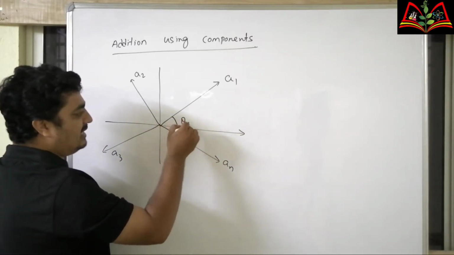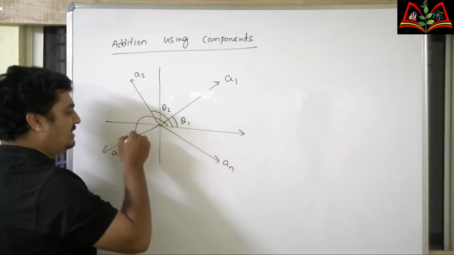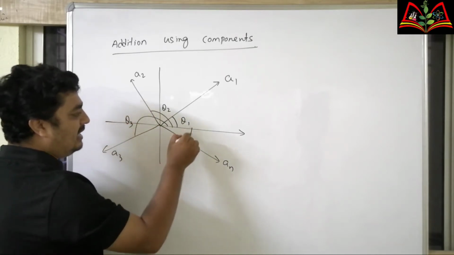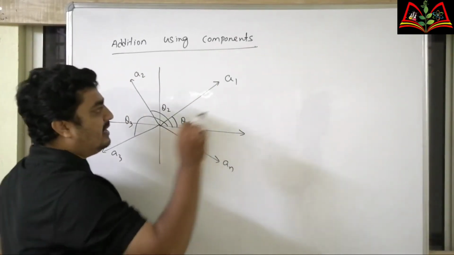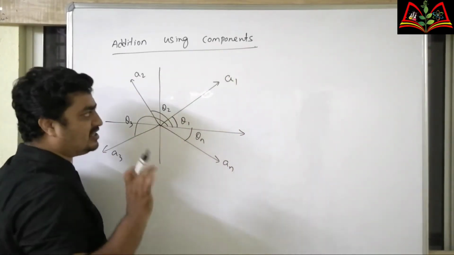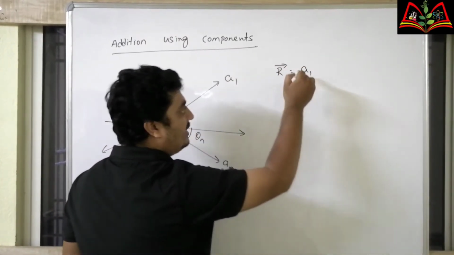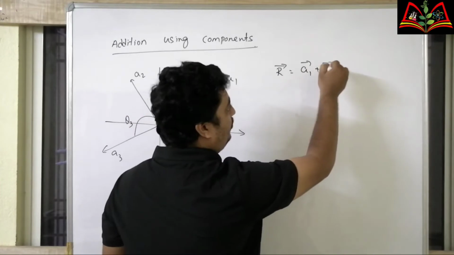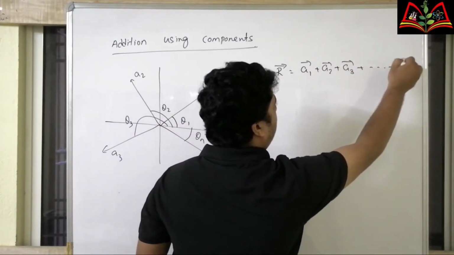Now A1 makes an angle theta 1, A2 makes an angle theta 2, A3 makes an angle theta 3, like that An makes an angle theta n. So now what will be their resultant? Let their resultant be R. So R equal to A1 plus A2 plus A3 up to An.